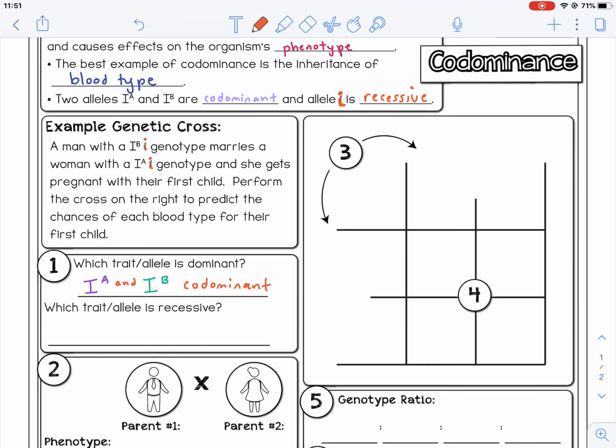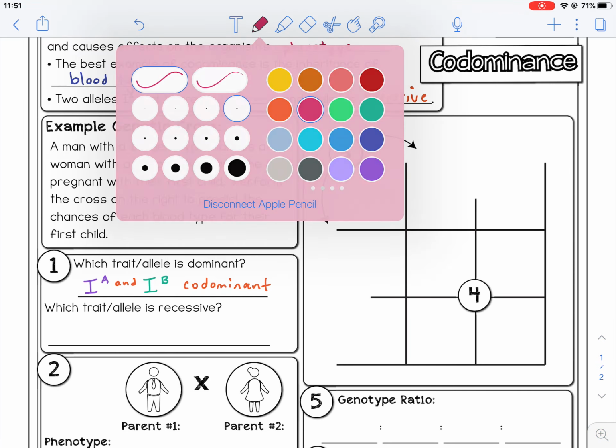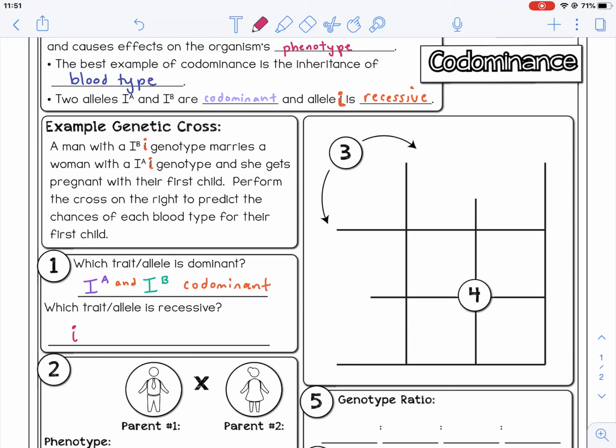So in this case, we actually have two answers here. We have IA and IB. And what traits do those code for? Well, IA codes for type A blood and IB codes for type B blood. Okay, which trait or allele is recessive? Little i is recessive, which corresponds to type O blood.